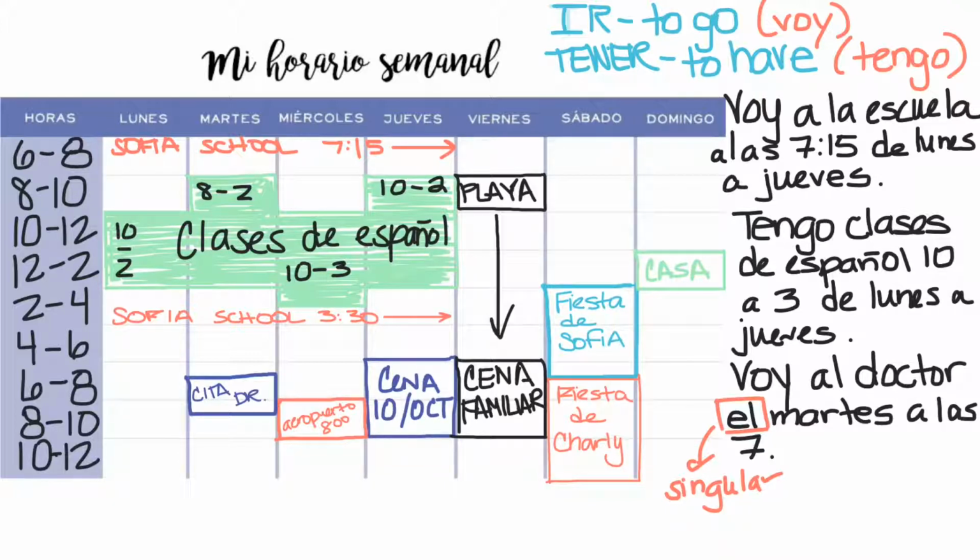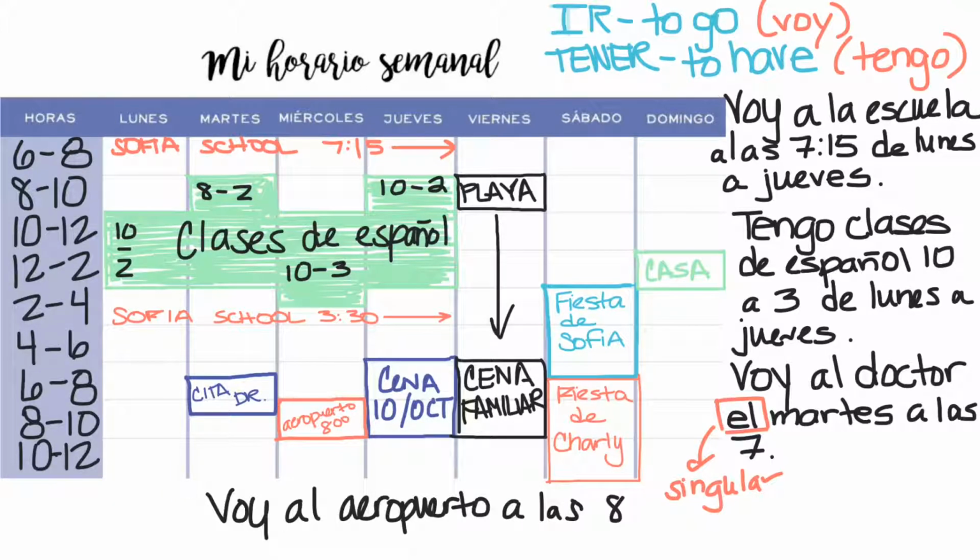So I have to go to the airport. Voy a, I'll put it down here. Voy al aeropuerto a las 8 el miércoles.